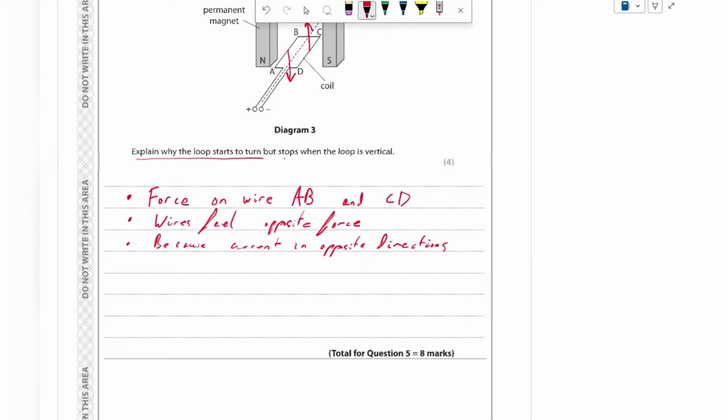I've done that. What I need to do for the 4th mark is say, why does it stop when the loop is vertical? Well, what you'd get in a real life motor is a split ring commutator there, and there's not a split ring commutator there.